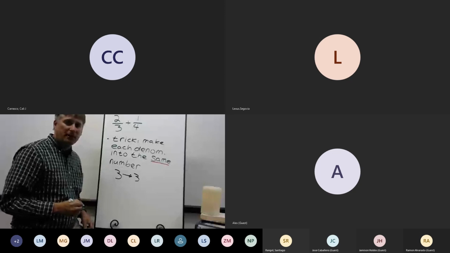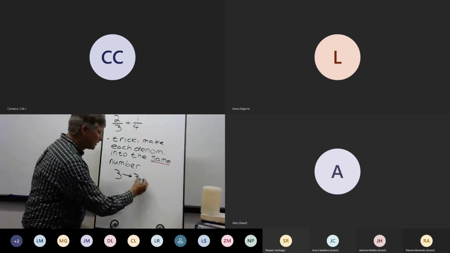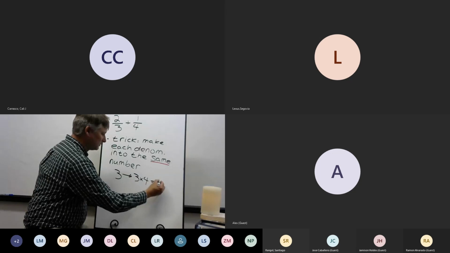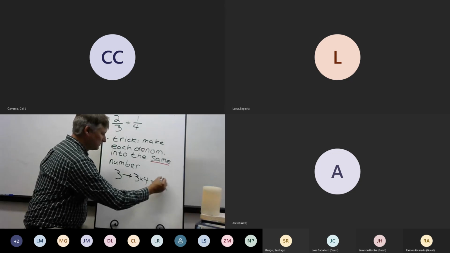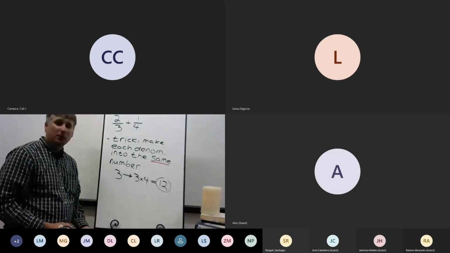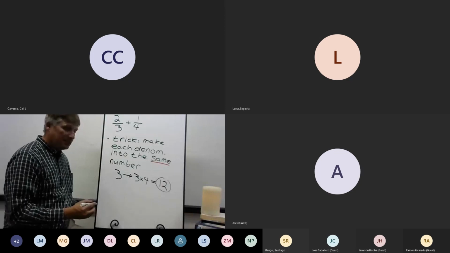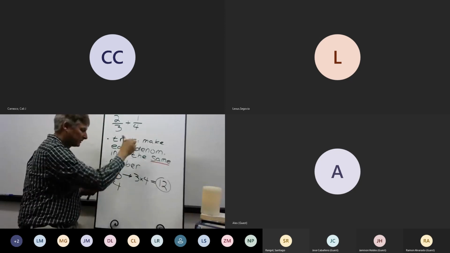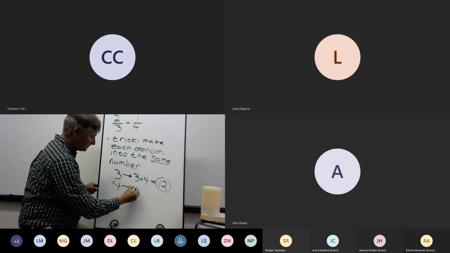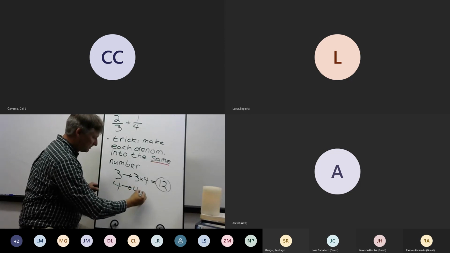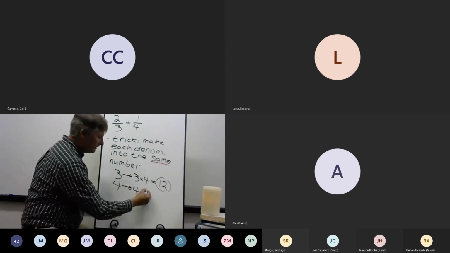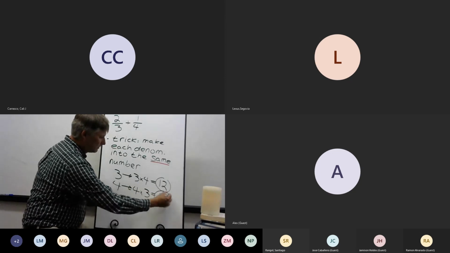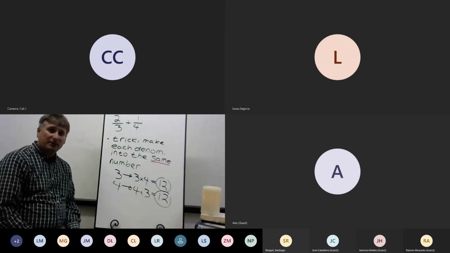If we multiply 3 by the number 4, we're going to get 12. And then if we take 4, that denominator, and we multiply by 3, we're also going to get 12.